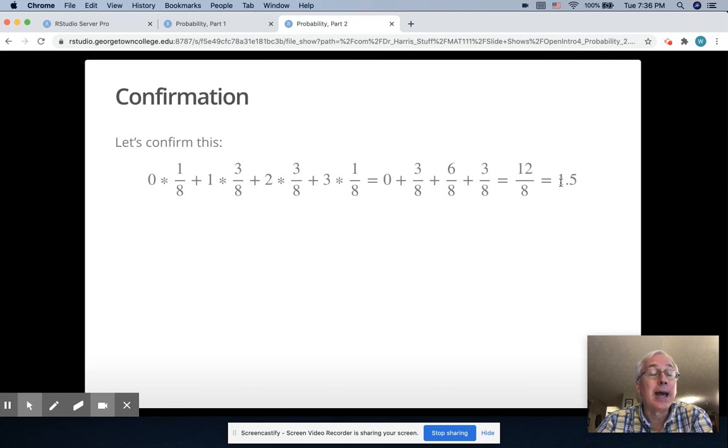Now, obviously, I can't have 1.5 heads in any one set of 3 flips, but what we're saying is if we count the number of heads overall, over many, many sets of 3 flips, the average number of heads should be very, very close to 1.5. And if you think about it, that makes a little bit of sense. Our outcomes were 0, 1, 2, and 3. Our distribution was symmetric, though, and so it seems like the average should be right there between 1 and 2, or 1.5.